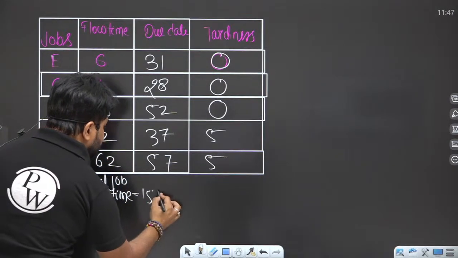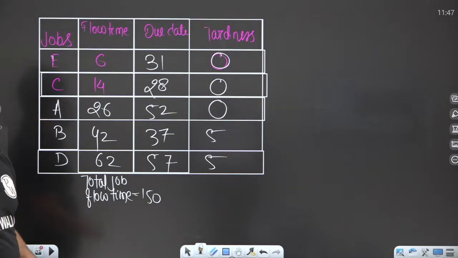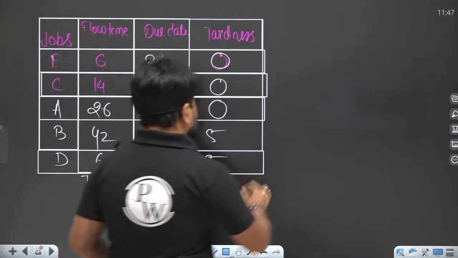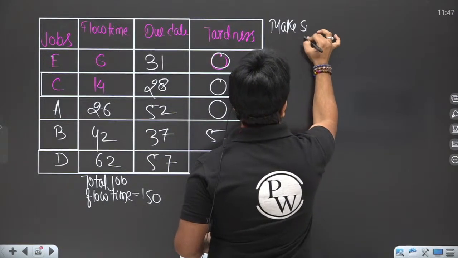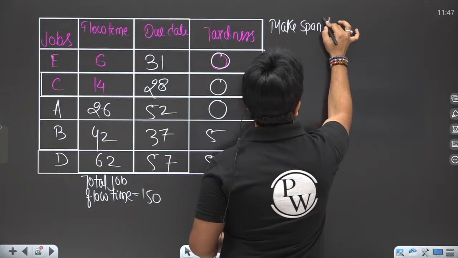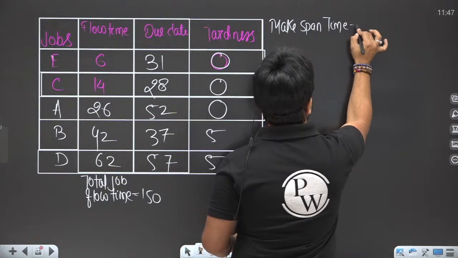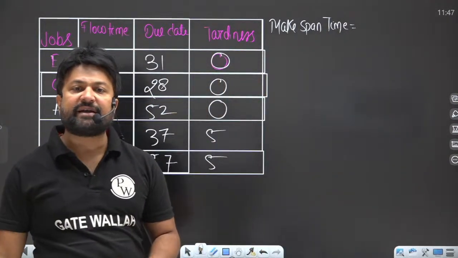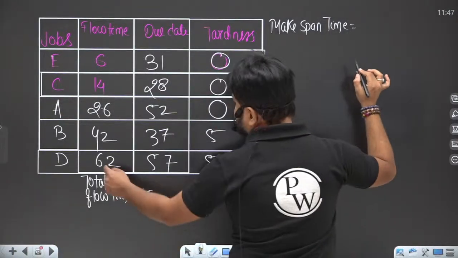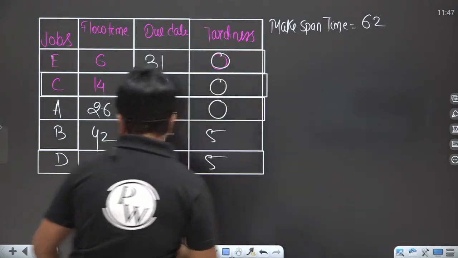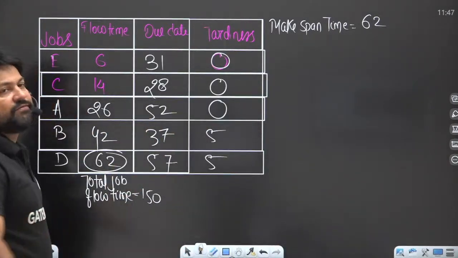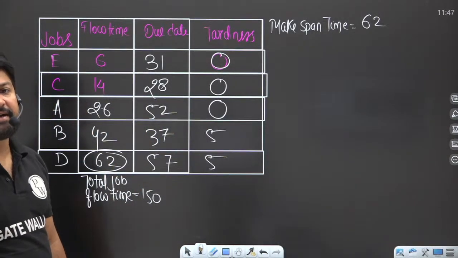It will become 150. Yes or no? Now make span time. Make span time is equal to your 62, the last job flow time.